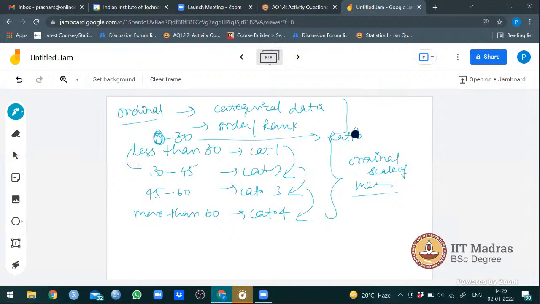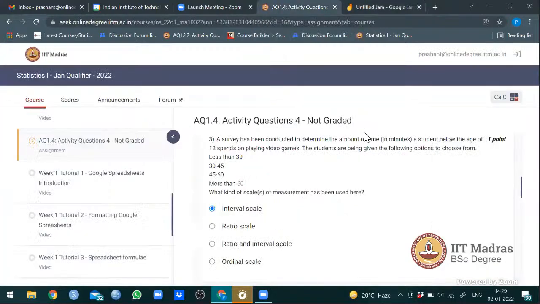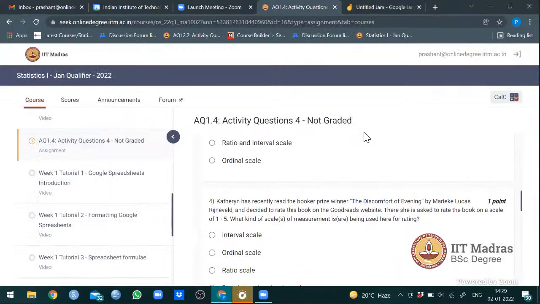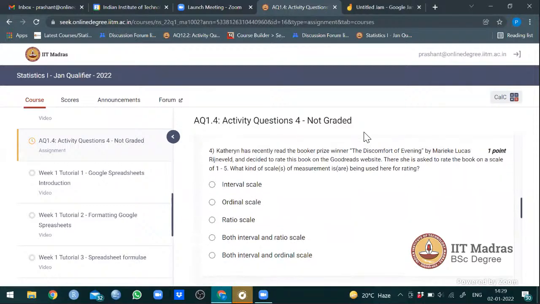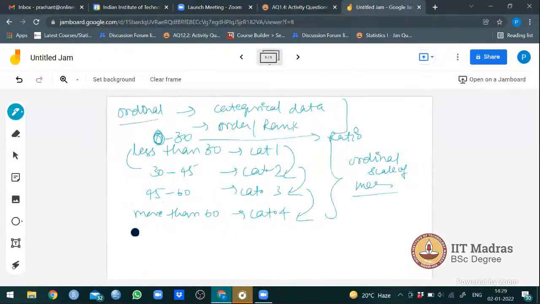Fine. Can you please look at question AQ 1.2, question number 5? One minute. I think he means the fourth question, right? Yes, sir. I think it comes under interval. But I think it's ordinal. Sir, please explain.